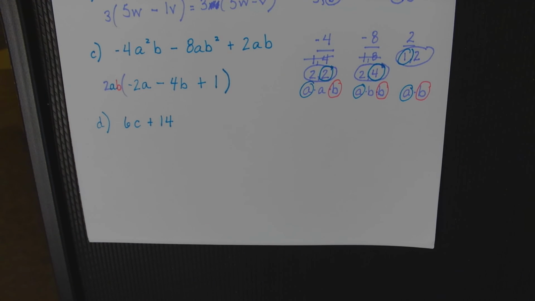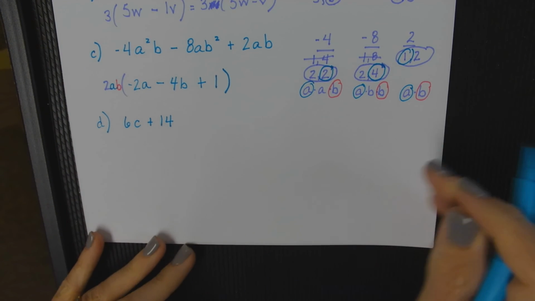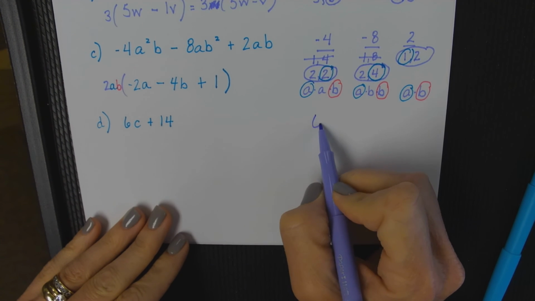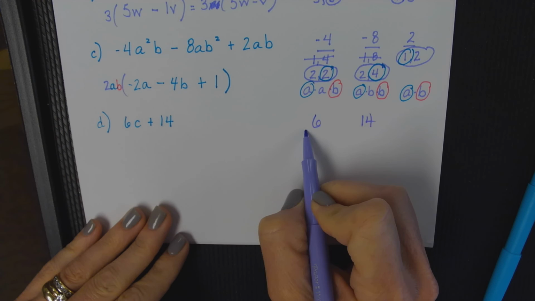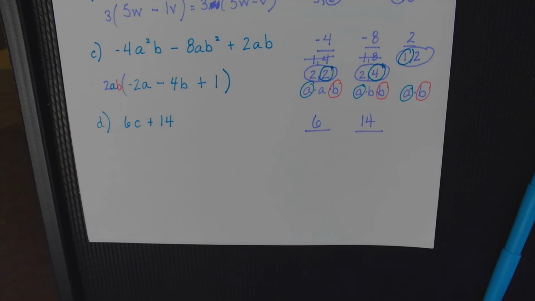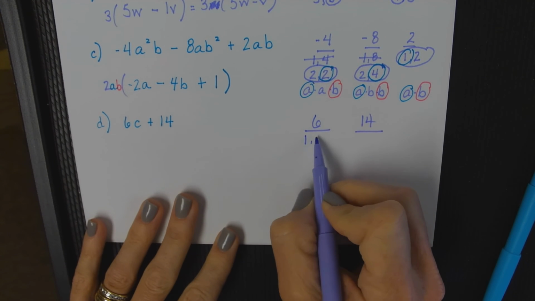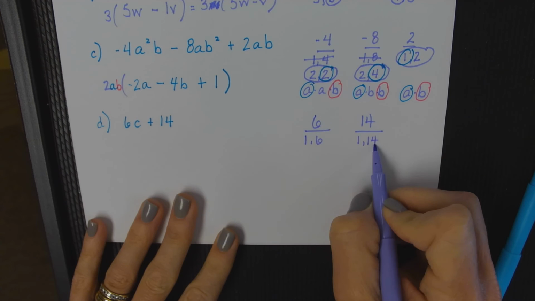Well, that one's easier. Hopefully you notice, D is easy, right? Yes. Okay, so let's look at our 2, 6 and 14. Let's write down our factors of 6. I said earlier I didn't want to do 1.